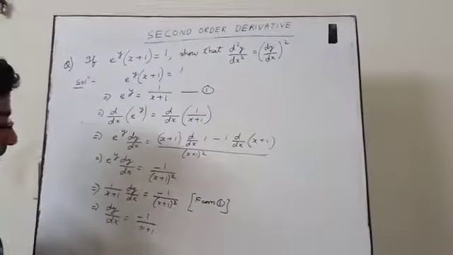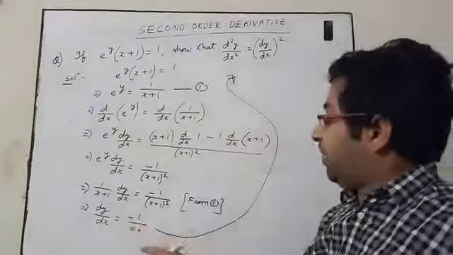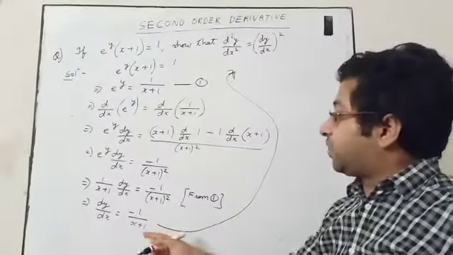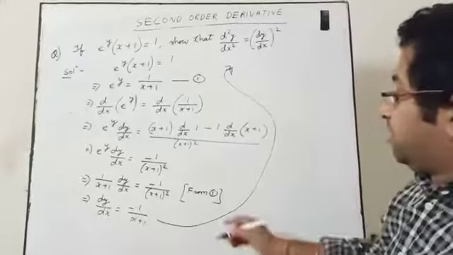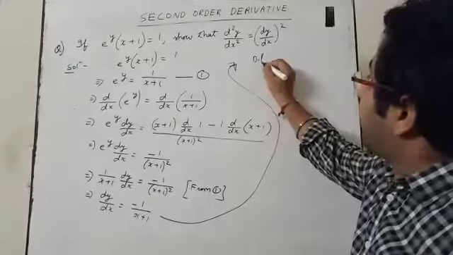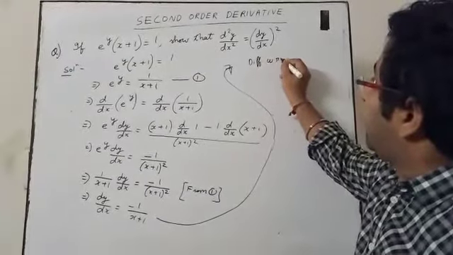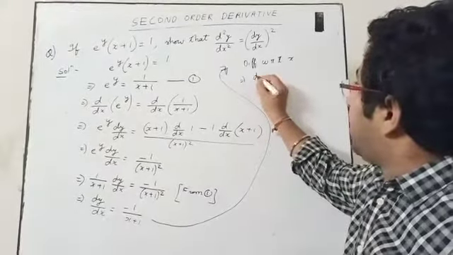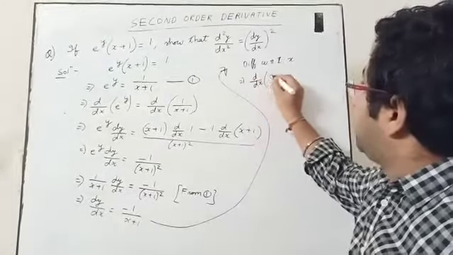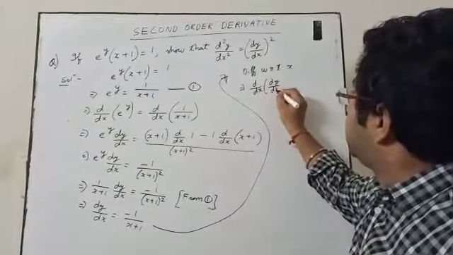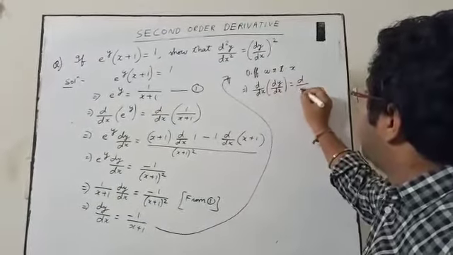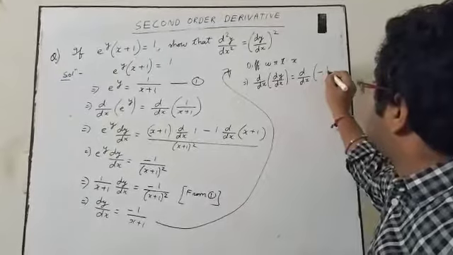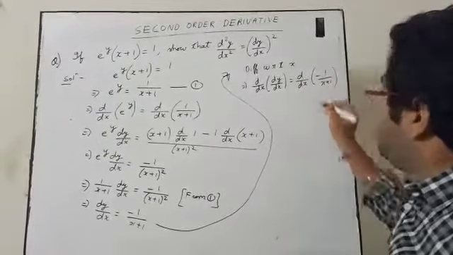Okay. So you move to this part. dy by dx is minus 1 by (x plus 1). So again differentiate with respect to x. Approach from here: d/dx of dy by dx equals d/dx of minus 1 by (x plus 1).